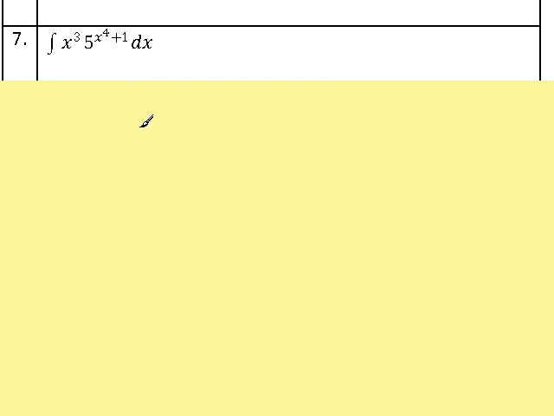Here we have a simple u substitution that will lead us to the integral of 5 to the u, because we'll make u equal to that inner function. And we see the derivative will be 4x cubed, and we have the x cubed over here.